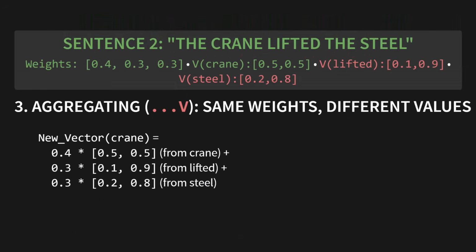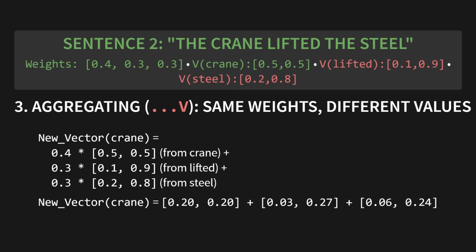So for our final step, aggregating, we take our weights and apply them to the new value vectors. It's 0.4 times the crane value, plus 0.3 times the lifted value, plus 0.3 times the steel value. This becomes 0.2, 0.2, plus 0.03, 0.27, plus 0.06, 0.24.